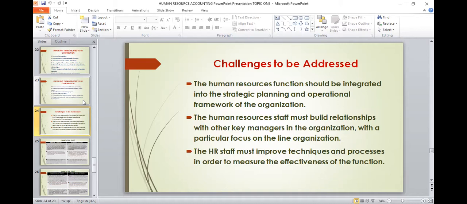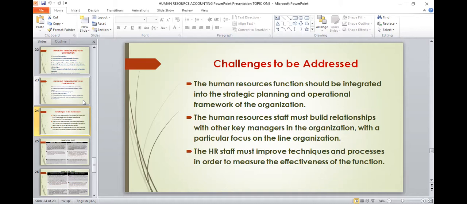You are a strategic business partner. You must be in good relationship with the line managers. You must be in good relationship with the finance department, as well as all other departments within the business organization. That is another way in which we will deal with the challenges that are posed with the improvements, because we have to move.